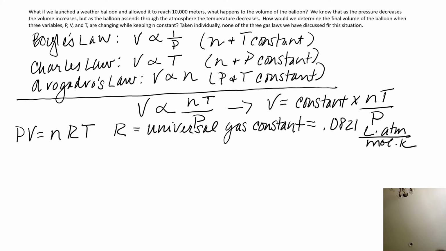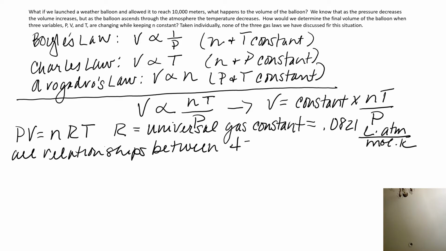So the ideal gas law expresses all the possible relationships between four variables. And that's what makes it so useful.